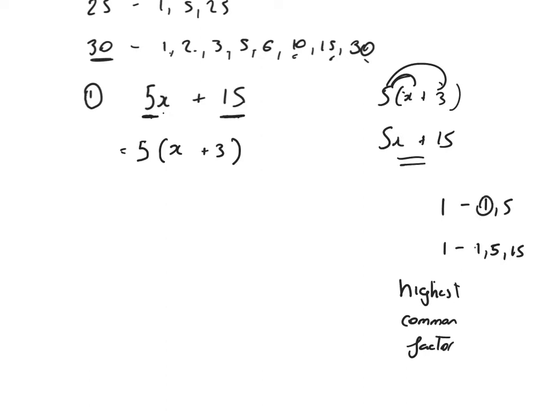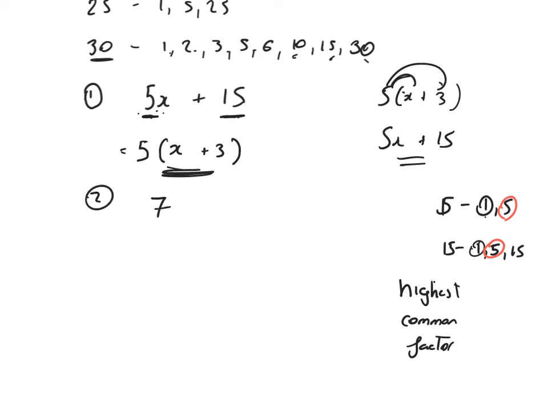So 1 is a common factor for both 5 and 15, because 1's a factor of 5 and 1's a factor of 15, but the highest common factor, as we can see, is 5. Take 5 out of 5x is 5 lots of x, and take 5 out of 15, that's 5 lots of 3. Final answer, 5 bracket x plus 3.